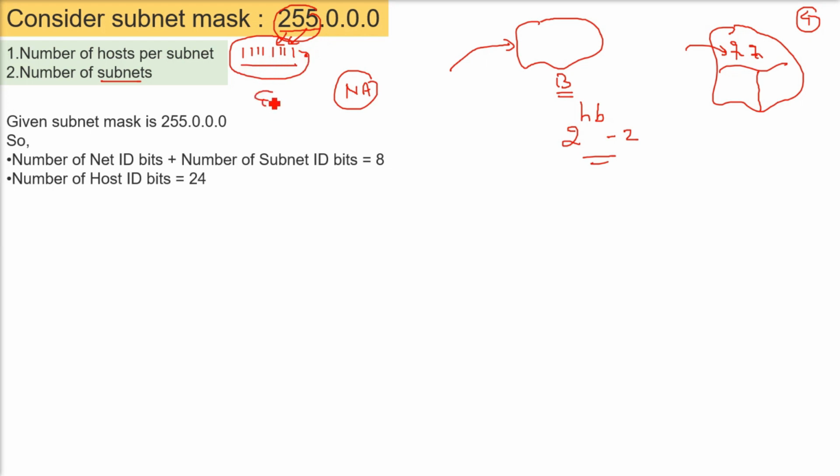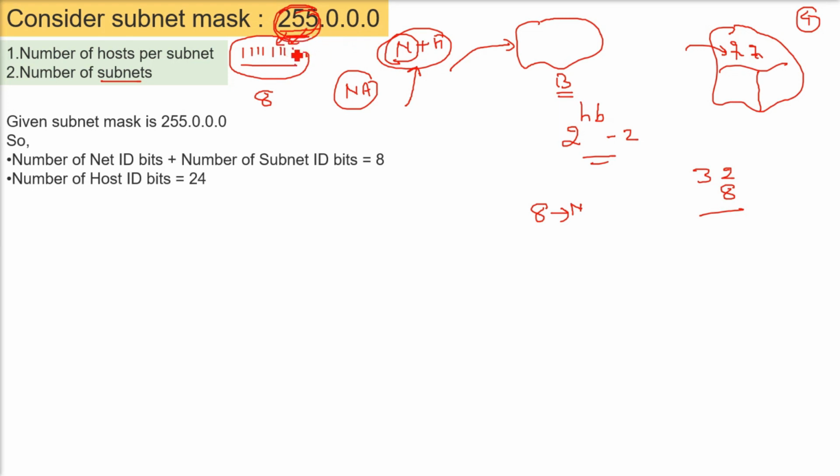How many ones are there? 8 ones are there. So these 8 bits are for the network, they are actually network bits or subnet bits. The total is a 32-bit address, as you can see in this subnet mask. 8 is for network. Always IP will be network plus host. So when you subtract this 8, which is the network bits, from 32, it will give you the host bits.